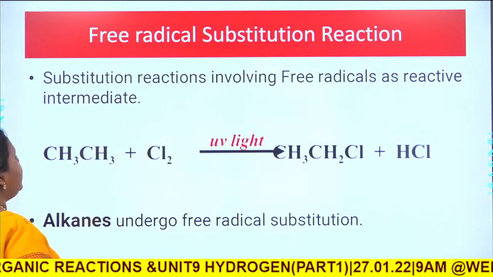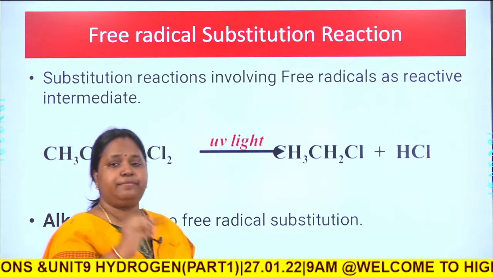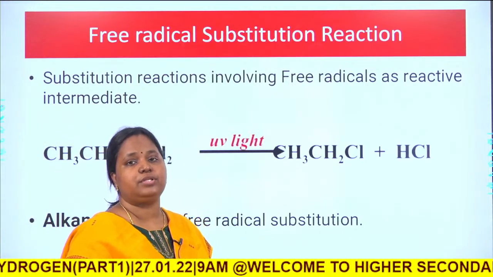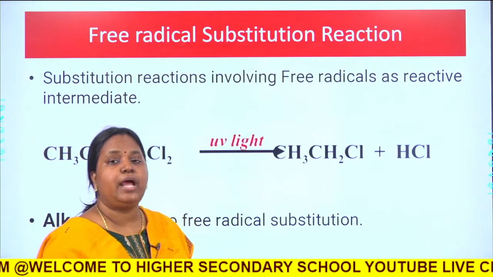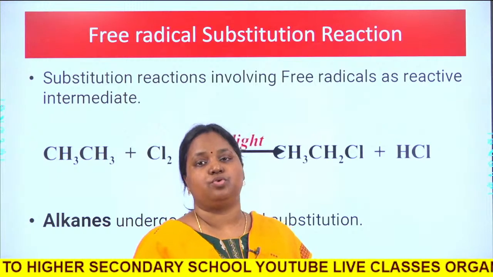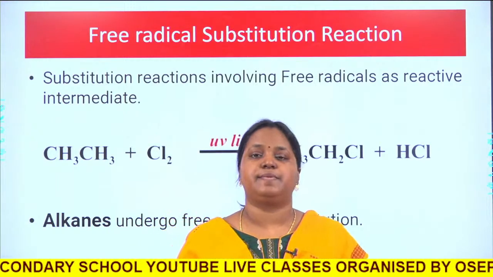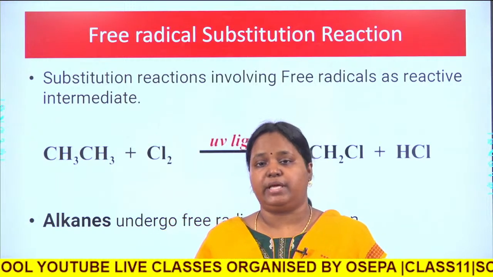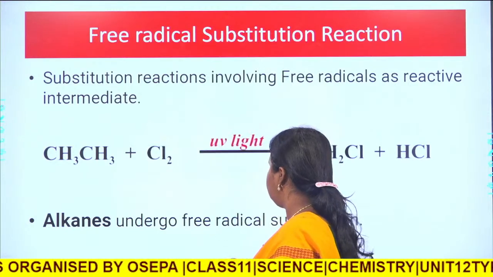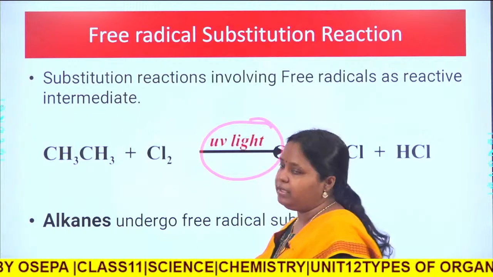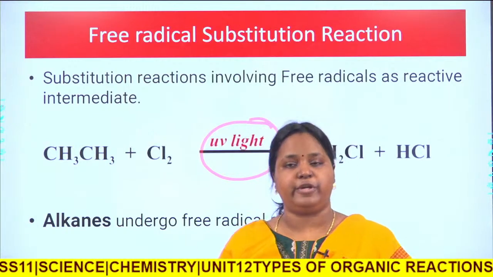Now, free radical substitution reaction. If a free radical brings about the substitution reaction, then it is called a free radical substitution reaction, and such reactions are shown by alkanes. When we study alkanes we will see this in detail. See, here UV light is written, which means homolytic fission.